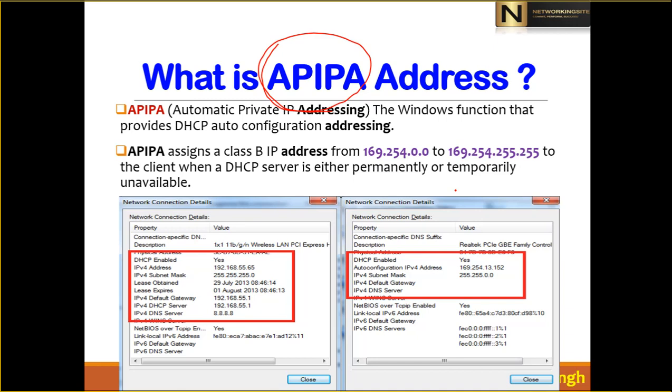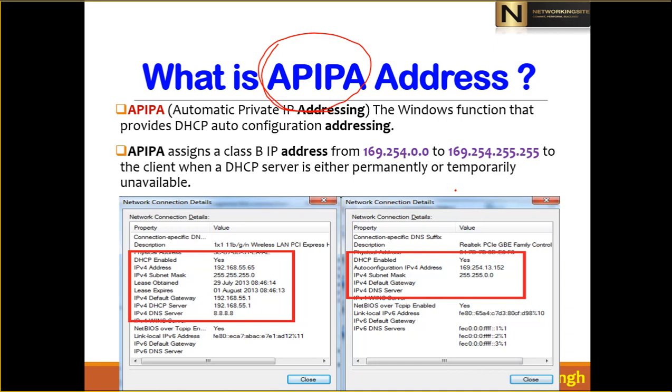Now you have two options to provide an IP address. One is statically: you go to the computer and you assign the IP address. But whenever you have assigned IP to the computer via DHCP, and DHCP has failed.